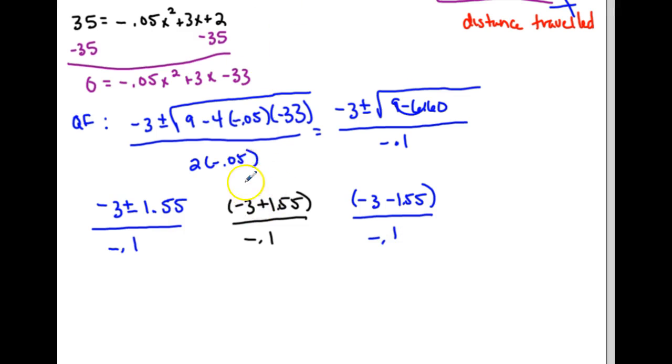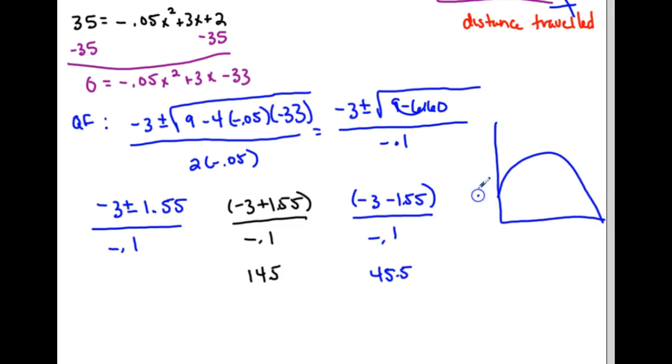When you compute this calculation, you end up with 14.5. When you compute this calculation, you end up with 45.5. So if we go look at our picture that we drew, I'm going to just redraw it down here. Here's my light pole.